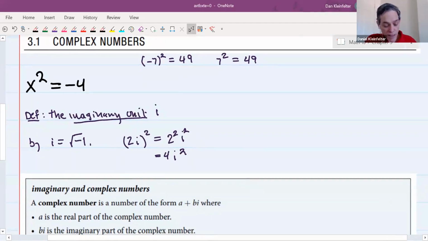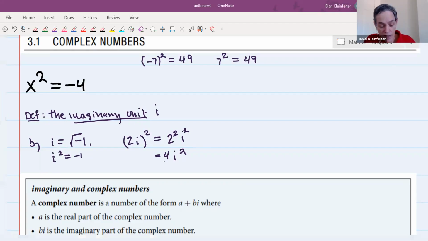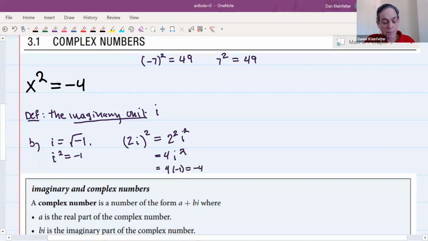And if i is the square root of -1, then i squared would have to be -1. So we're defining this number such that if we square it, we get -1. So 4i squared equals 4 times -1, or -4. So in the end, this equation, x squared equals -4, has solution 2i.